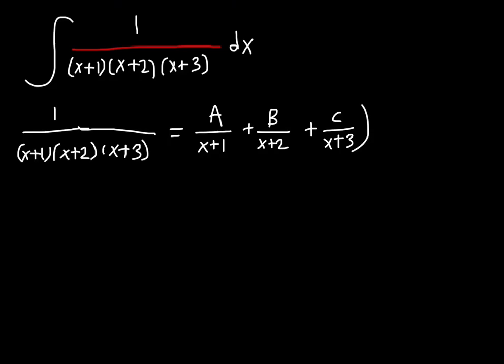And now to get rid of the fractions, I'm going to multiply the whole thing by the common denominator, which is (x + 1)(x + 2)(x + 3). So this and then this cancel out, which just leaves 1.